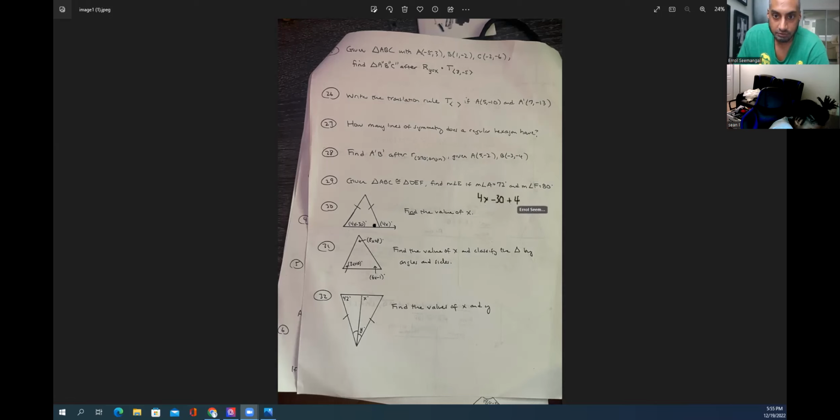Now just solve for x. 4x plus 4x is 8x. 8x equals 150. No, 210. And 210 divided by 8 is 26.25. 26.25 degrees. There you go.